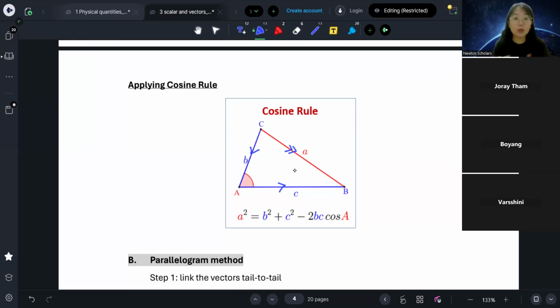Cosine rule, sine rule, we can use them to solve it. Let's say I want to find A, where A is the resultant force.